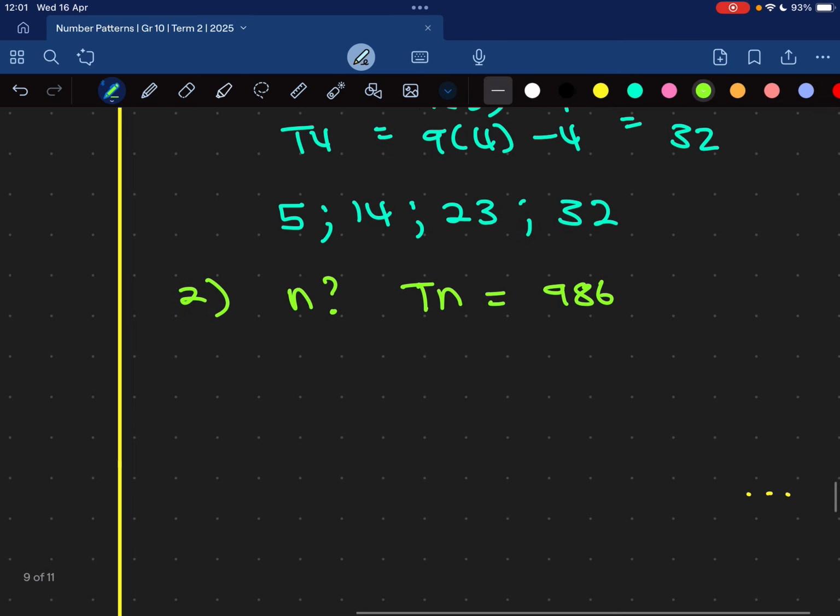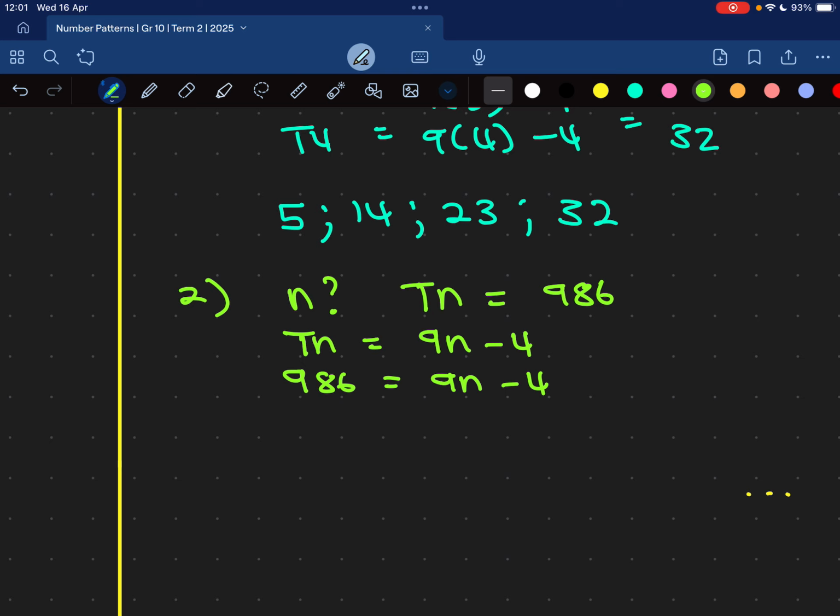That means that we can say, well, Tn is equal to 9n minus 4, but we know that Tn is 986. And we're trying to solve for n. So we add 4 on both sides, and we divide by 9. So we'll get the final answer to be 110. So therefore, T110 is going to be 986.